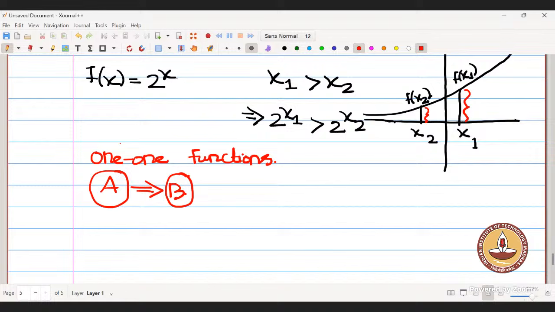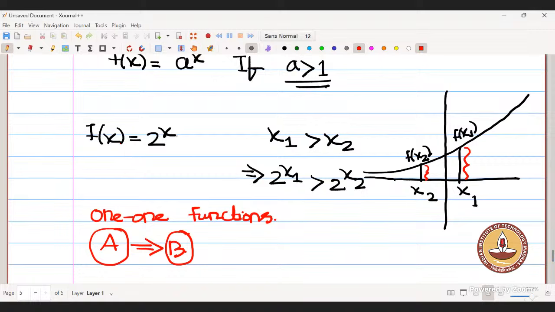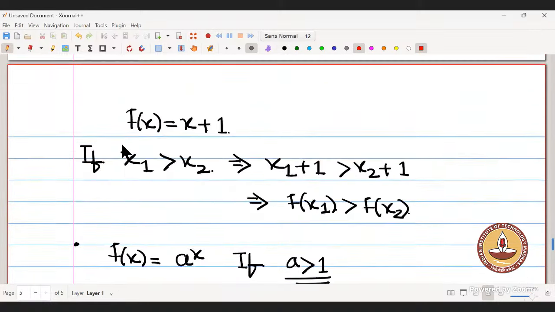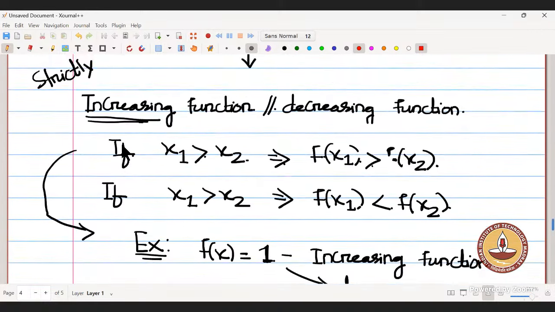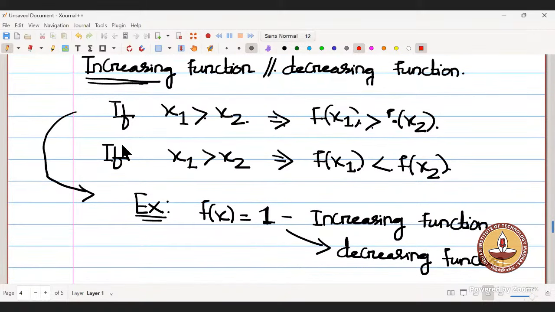Here I am confused, sir. What do x1 and x2 mean? This is a point in your domain, right? Let's go back to the definition.